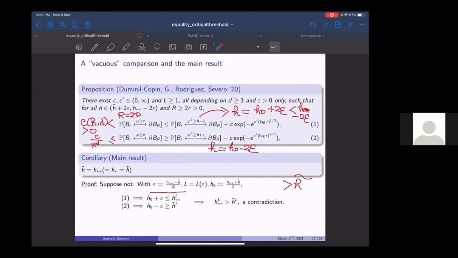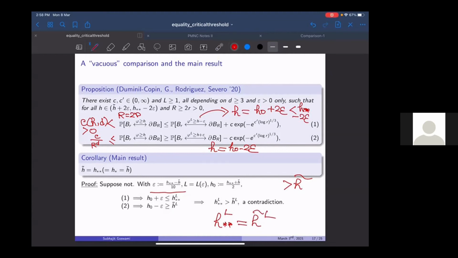But that immediately tells you that H0 minus epsilon then has to be bigger than H tilde value of L, phi L, because that was the definition. And you immediately reach a contradiction, okay? Because you know that H star star of L is actually equal to H tilde of L. Okay.